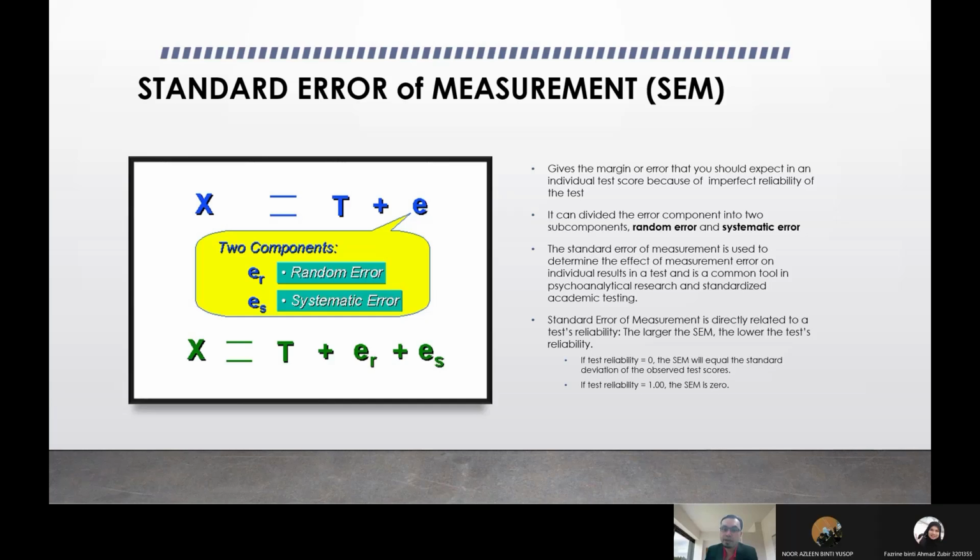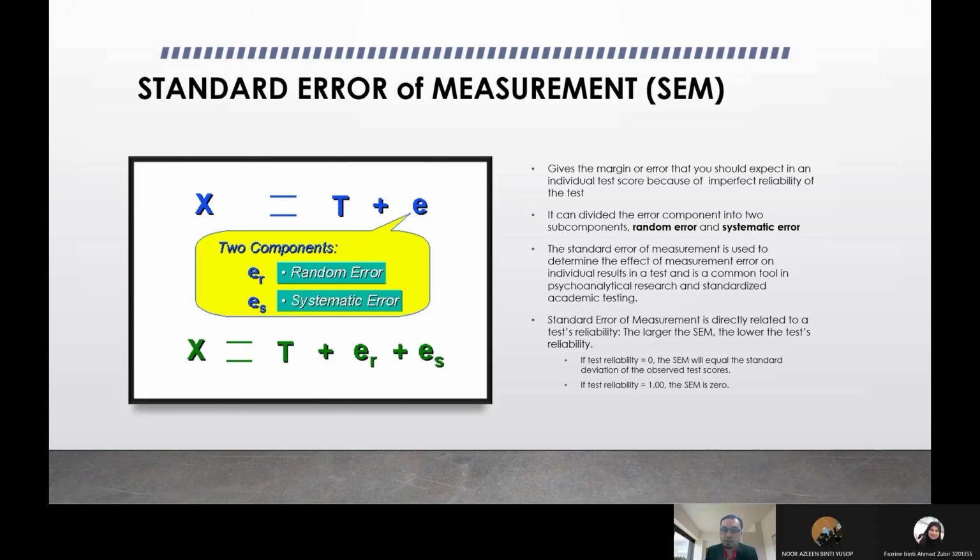So it can divide the error component into two subcomponents, which is random error and systematic error. So this one had been explained by Madam Fazrine just now. That's why it is important for us to know the basic concept of error.